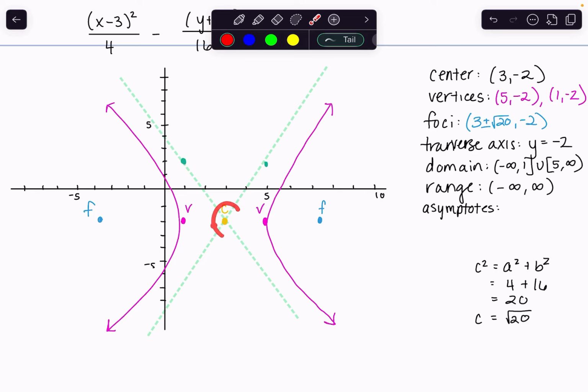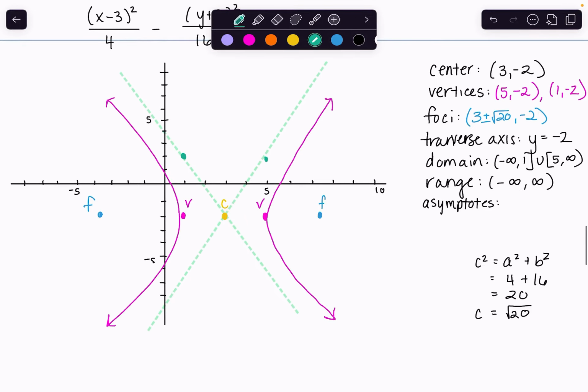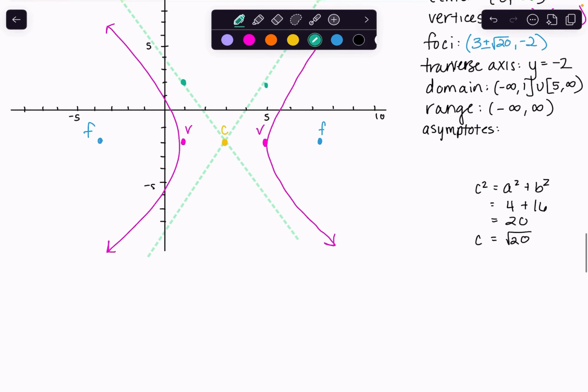Now I need to get the actual equations of these asymptotes. You could use the center and then use that other point from the slope to find it, because you know the slope is going to be 4/2. Or you can go ahead and use that formula to figure them out. So I'm going to do that down at the bottom because I have a little bit more room.